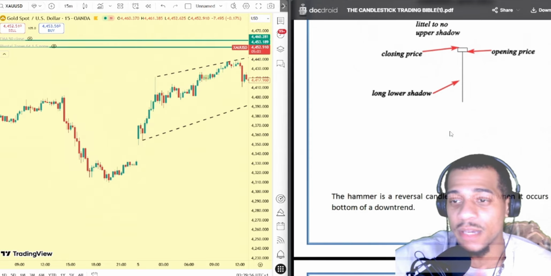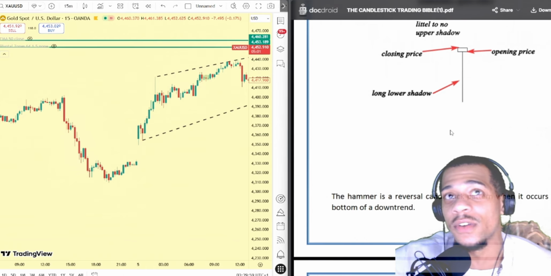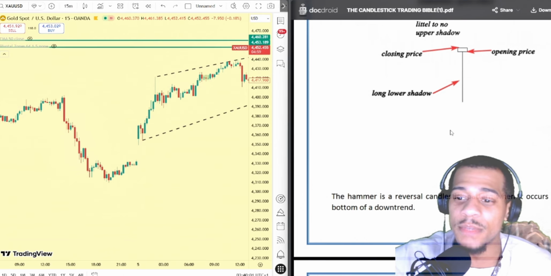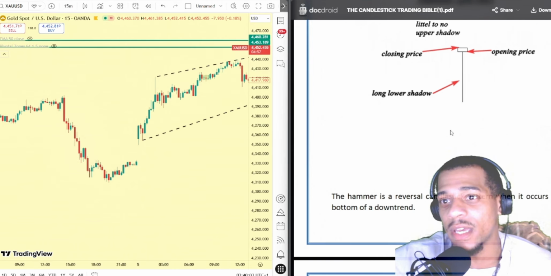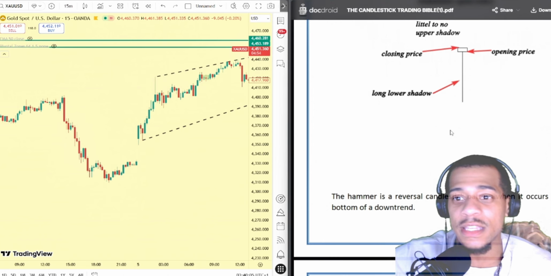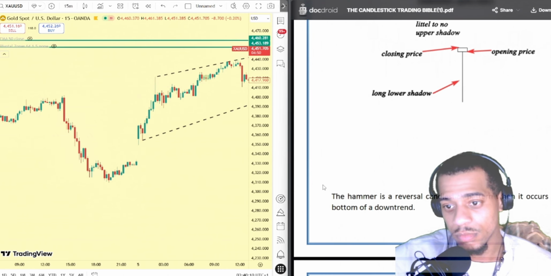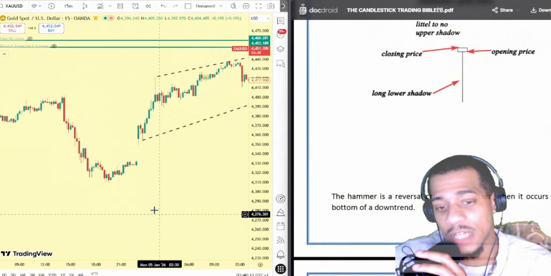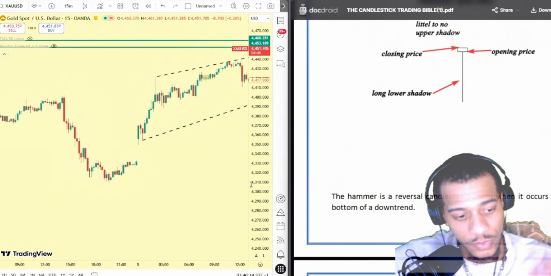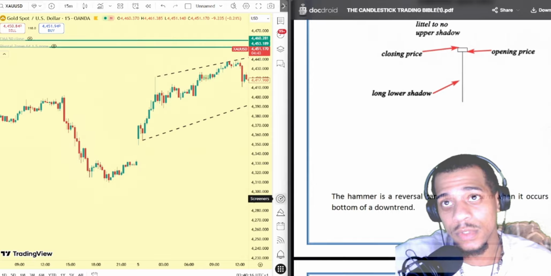I'm gonna read this again, but this is gonna be the first book we focus on in January, the Candlestick Trading Bible, man. For tonight, we're gonna end with this.